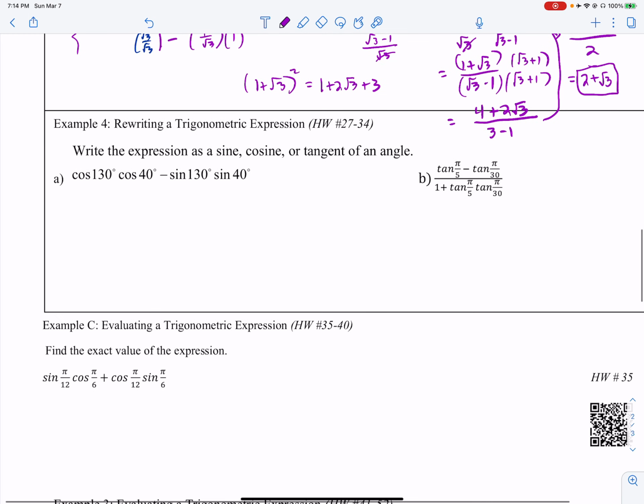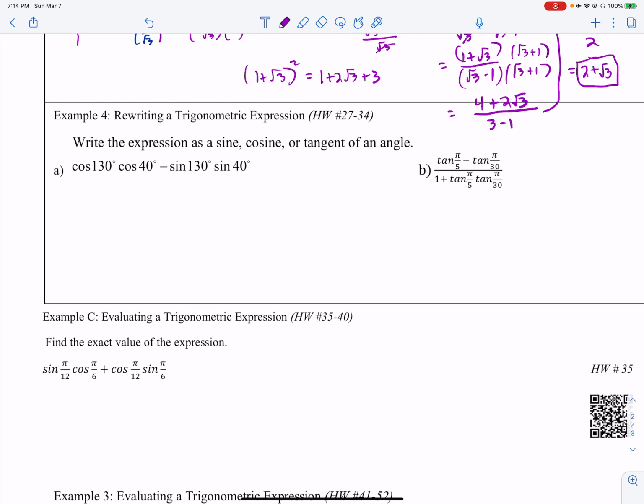All right, so rewriting a trig expression as a sine, cosine, or tangent of an angle. So this is going backwards. When I start looking at this, so write it as a trigonometric expression, I'm seeing here cosine, cosine, sine, sine.